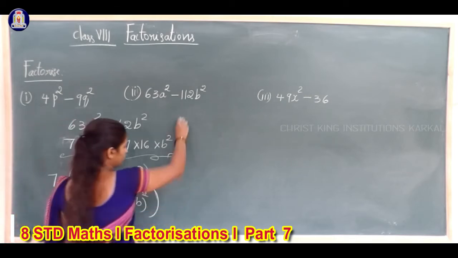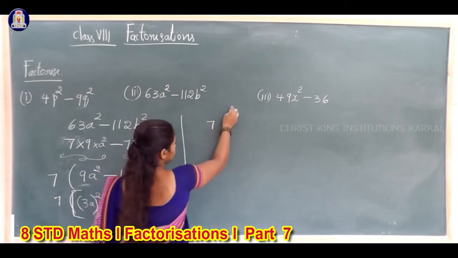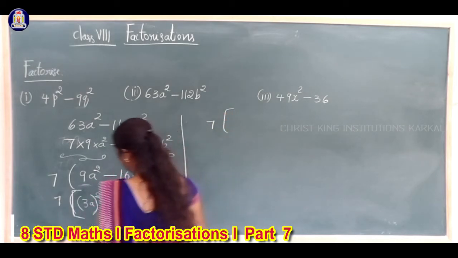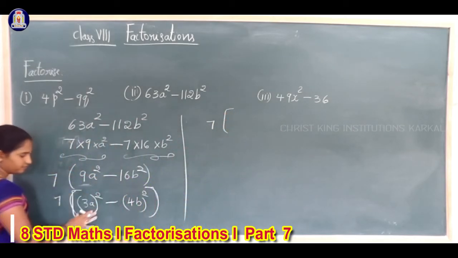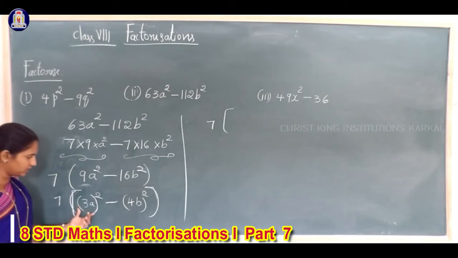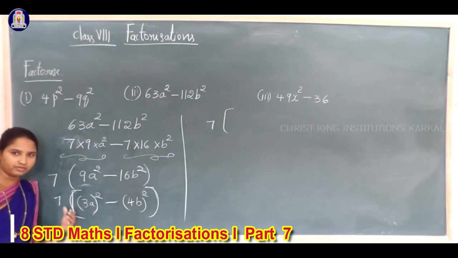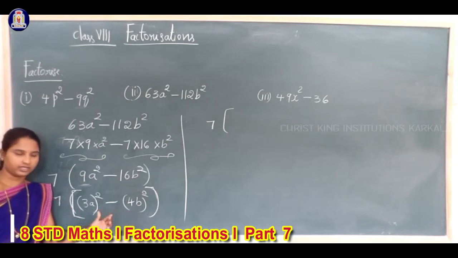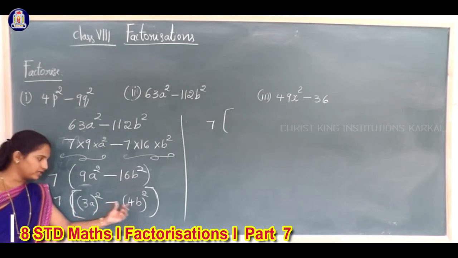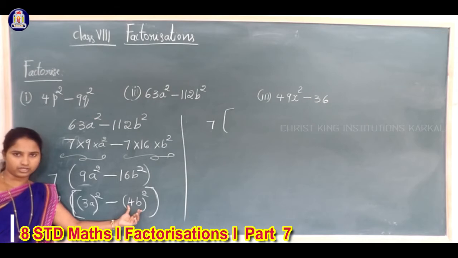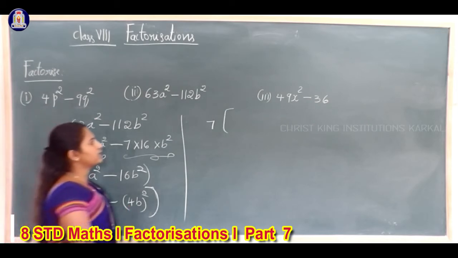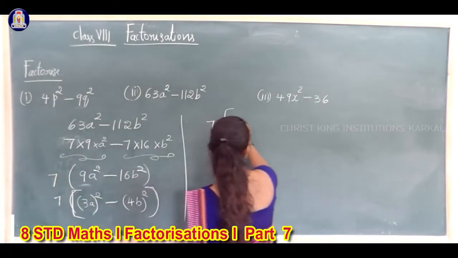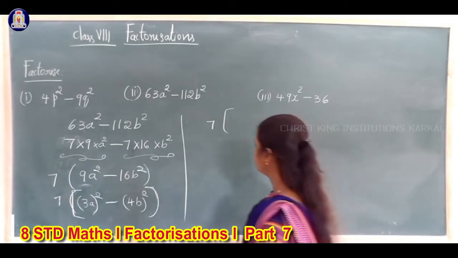Next, see 7 into... now if you observe this, you can understand the expanded form is in the form of a square minus b square. Is it correct? So this is a square and this is b square. So now a square minus b square, that is one identity, the third identity.